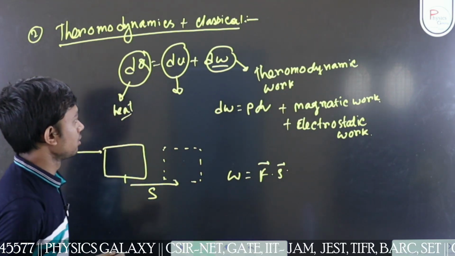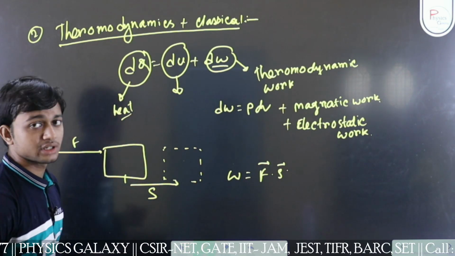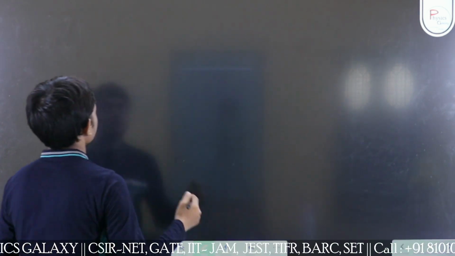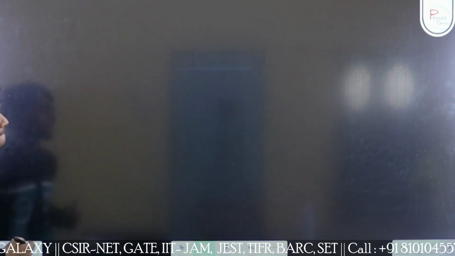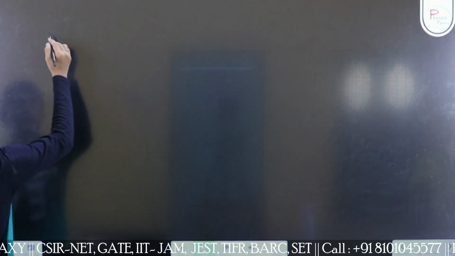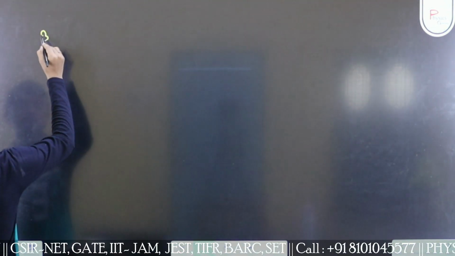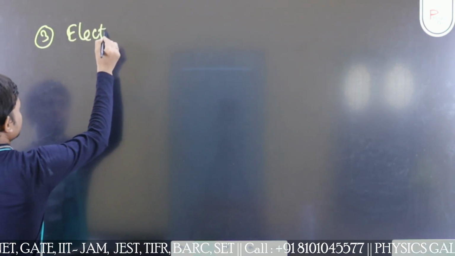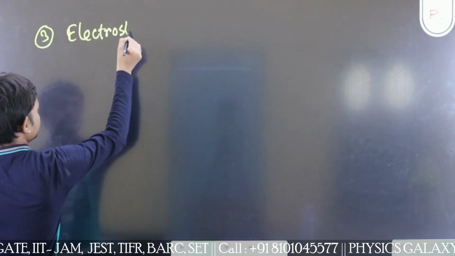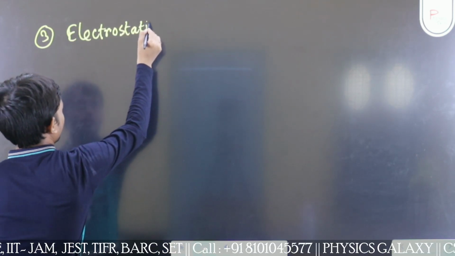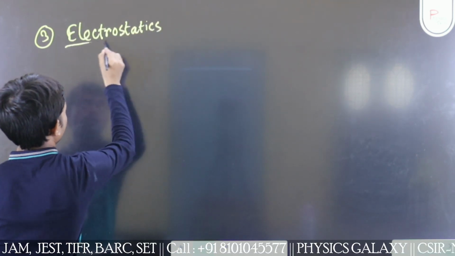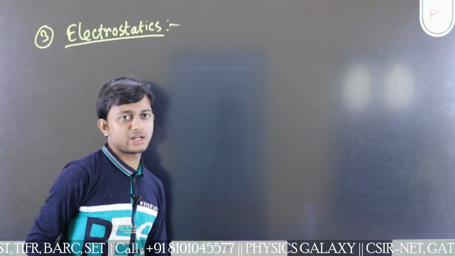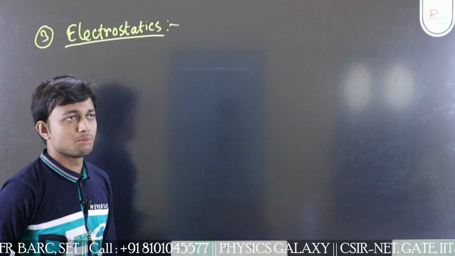Then the professor proceeded to the next question, the last question in round one. It was from electrostatics. The professor asked me what is the electric field for a point charge.